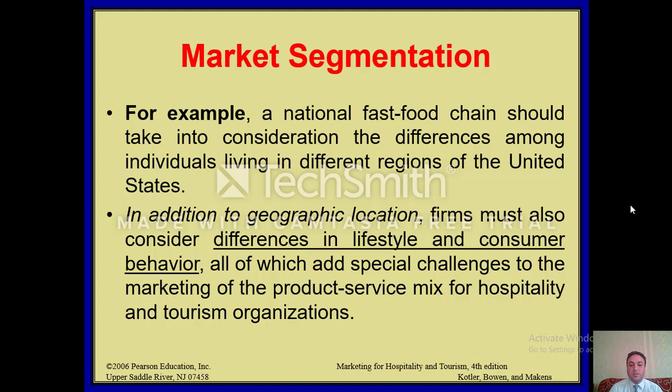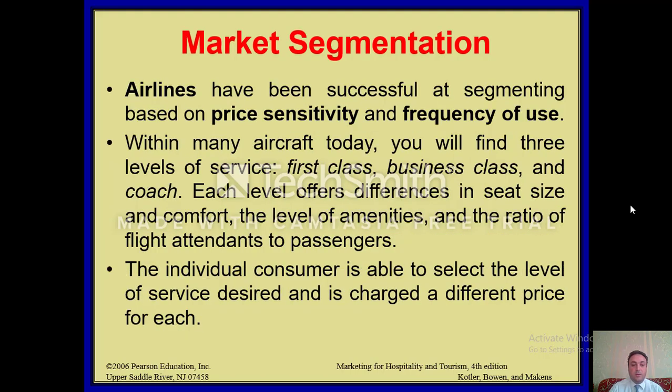So in addition to geographic location, firms must also consider the differences in lifestyle and consumer behavior and so on, all of which add a special challenge to marketing the product and service mix for hospitality and tourism organizations, which we focus on in our lesson.